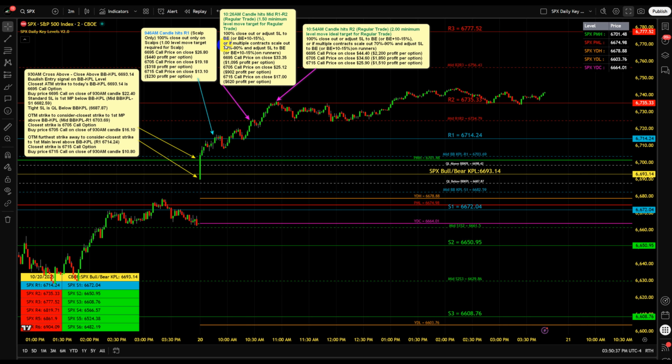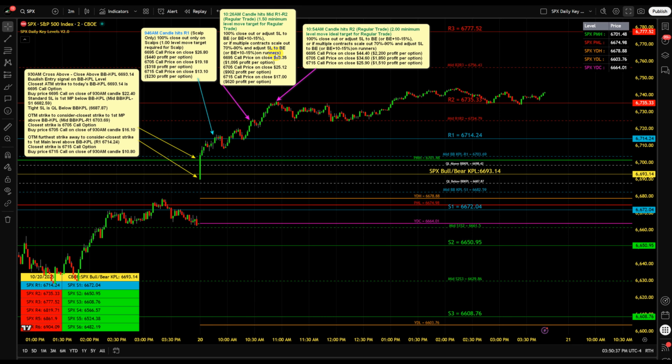Or if you have multiple contracts, scaling out 70 to 90% of those contracts, meaning closing out 70 to 90% of them, and then adjusting your stop loss to break even, or break even plus 10 to 15% on runners that are left over.